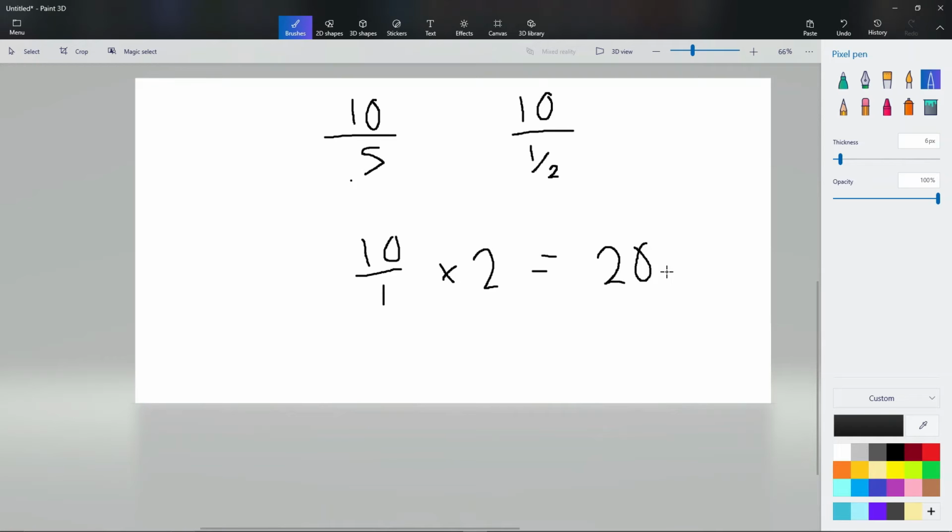Very easy. So whenever you have a decimal that you're dividing by, it's essentially just multiplying. Whoops, that's a 20. That looks like a 26, but it looks like a 0. There we go.